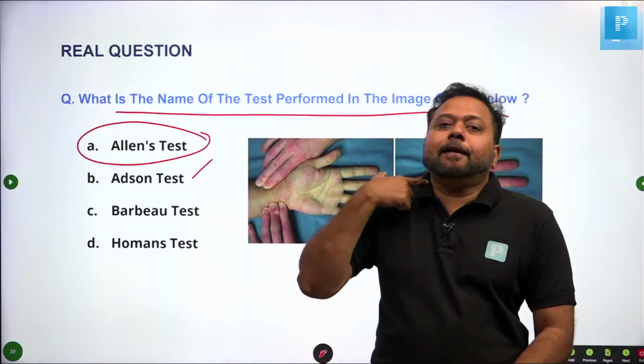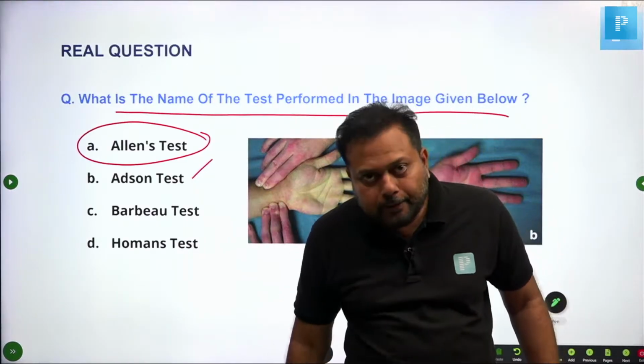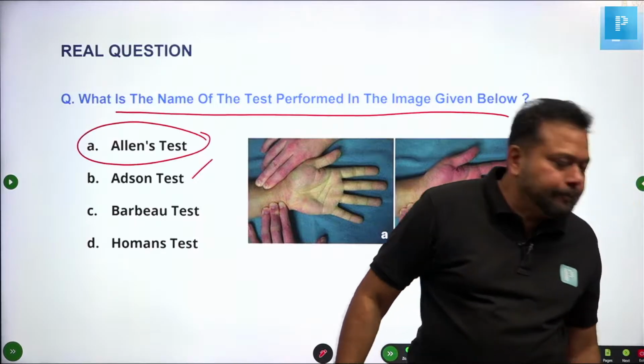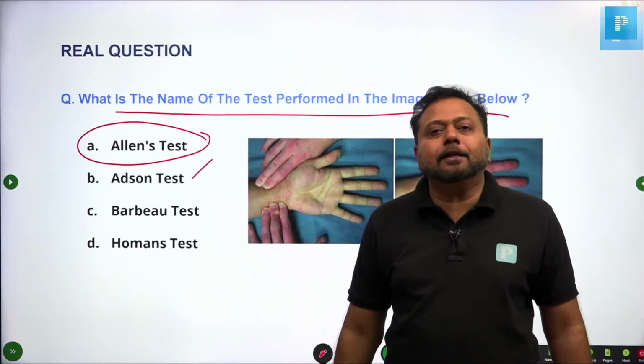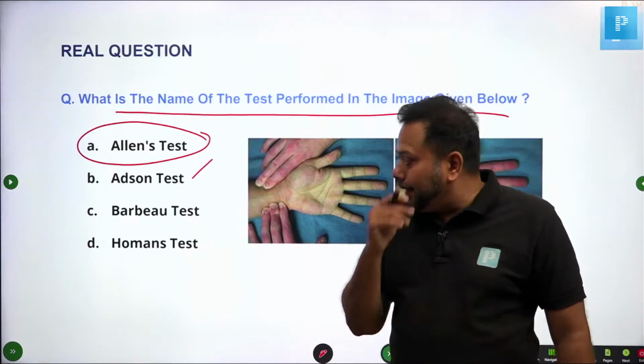If there is a cervical rib or thoracic outlet obstruction, the radial artery pulsation will disappear. This is called Adson's test, an excellent clinical test to diagnose thoracic outlet syndrome, otherwise cervical rib.